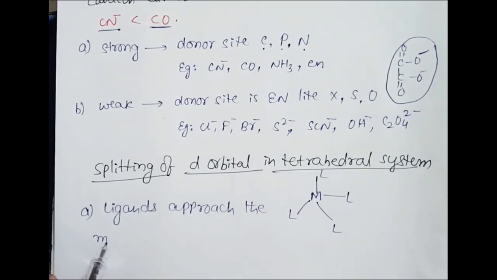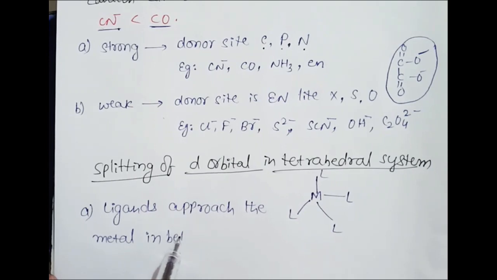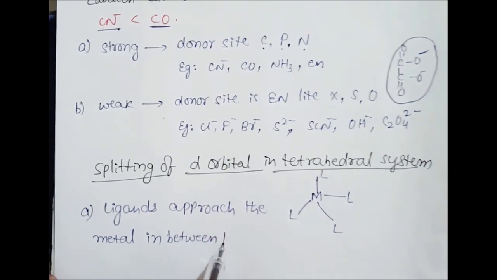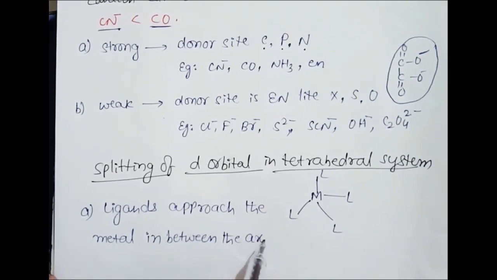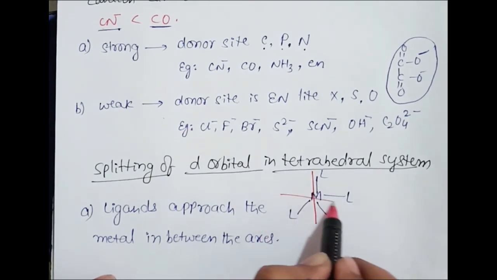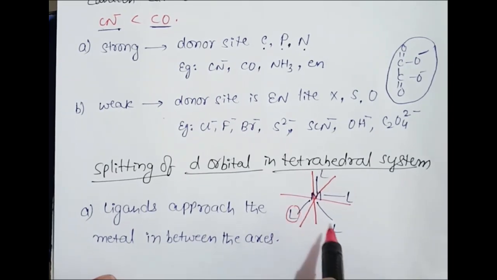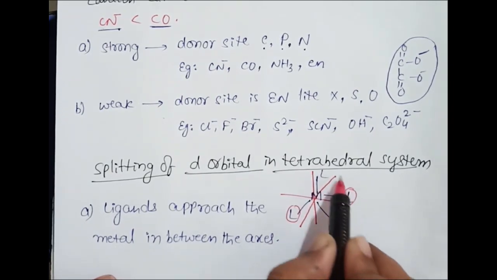Think about it. They approach the metal in between the axis. Previously they came along the axis, now in between the axis. Suppose this is the x-axis, this is the y-axis, this is the z-axis. So ligands are approaching in between the axis.